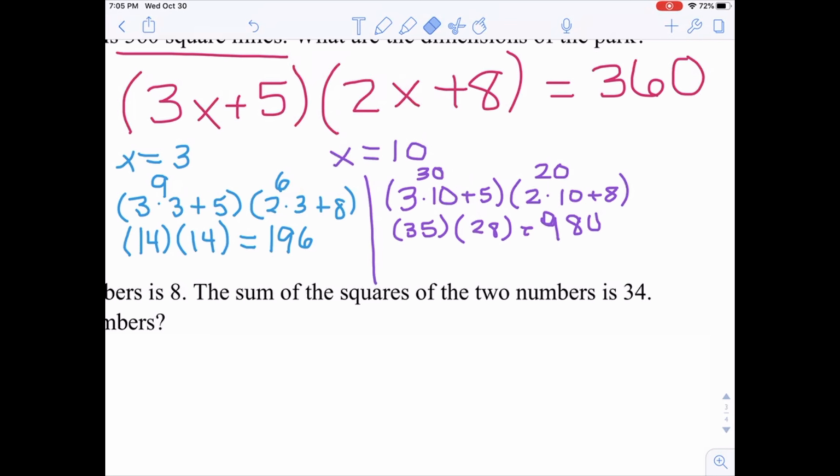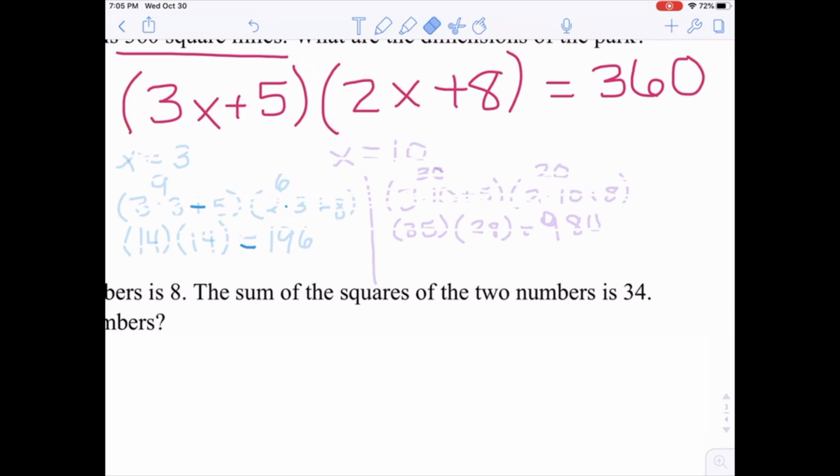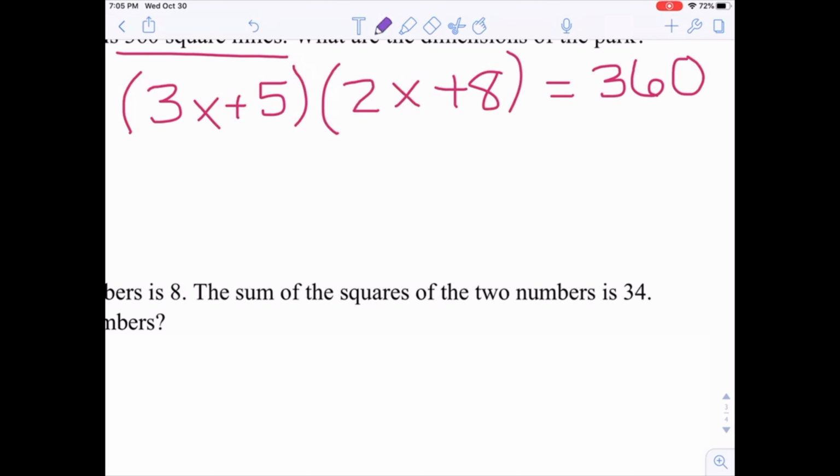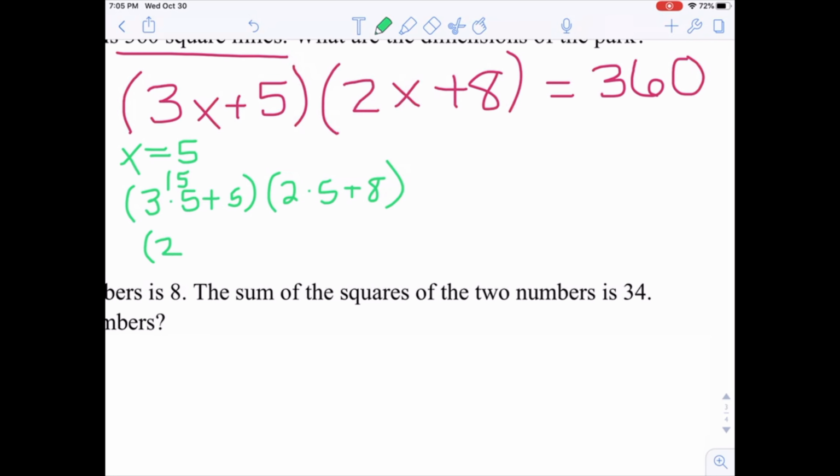Let's try when x equals 5. So 3 times 5 plus 5, 2 times 5 plus 8. 3 times 5 gives me 15. 15 plus 5 is 20. 2 times 5 gives me 10. 10 plus 8 is 18. 20 times 18 gives me 360.